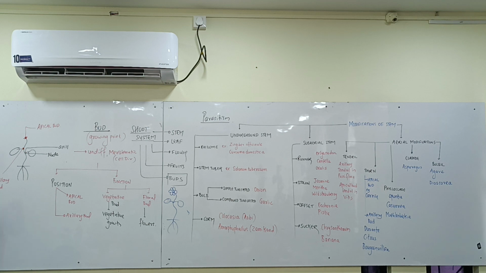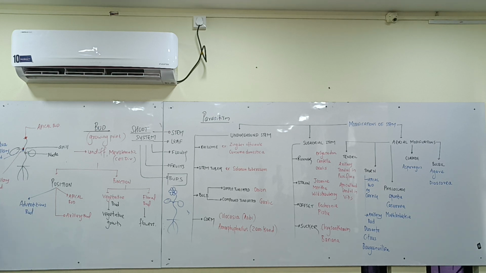If the bud is nearby the node but not the axil, then it is called an extra-axillary bud. The bud is located near the axil. So the bud is called an extra-axillary bud. Other than these, whatever position the bud will occupy will be called an adventitious bud.